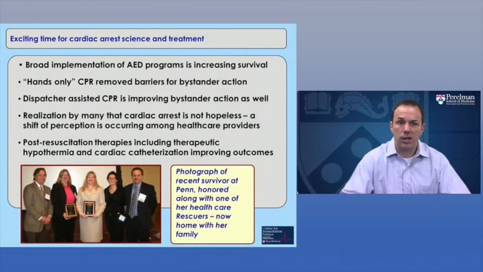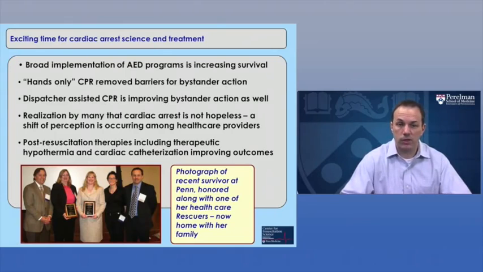And to give you an illustration, the woman wearing the black jacket and salmon-colored shirt there is a cardiac arrest survivor. She was a woman in her 40s who had a cardiac arrest while driving in the state of New Jersey. She collapsed. We cared for her at our hospital. And this is her and her nurse savior in many ways.